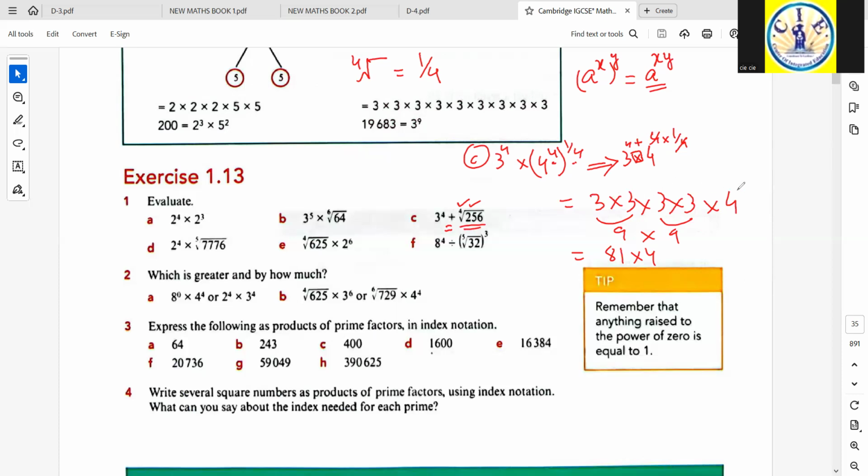Sorry, that's my mistake. This should be plus. So this is 81 plus 4. Let me correct it here. This is 81 plus 4. That is 85. That's the final answer. Sorry, my mistake. This was plus here as well.